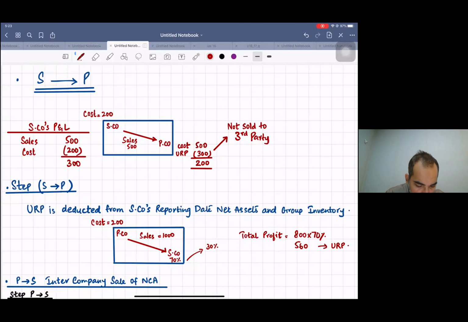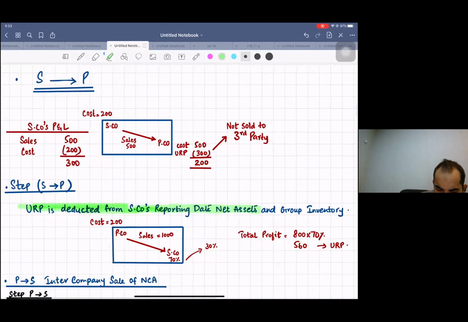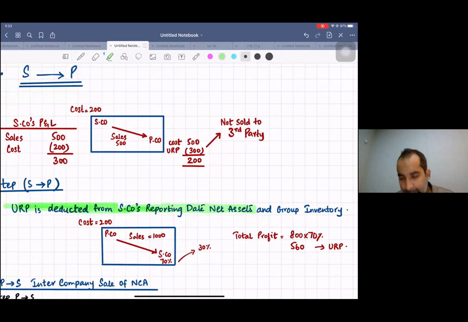So now what we'll do, read: URP is deducted from S company's reporting date net assets and group inventory. Okay, so that's the difference. It's a simple difference. If the sale is P2S, then URP will be deducted from consolidated reserve and group inventory.